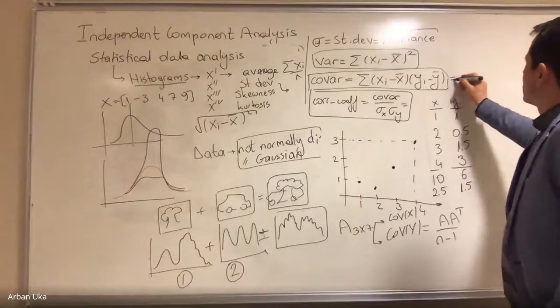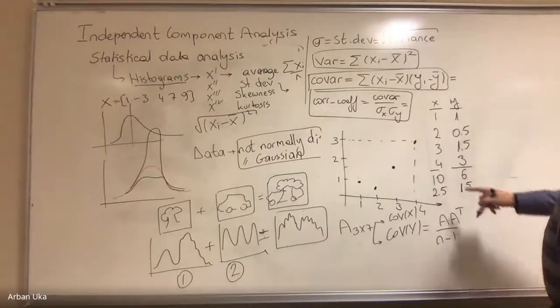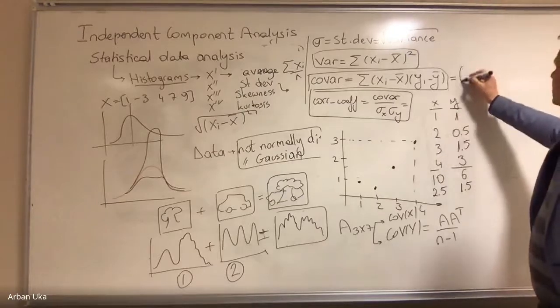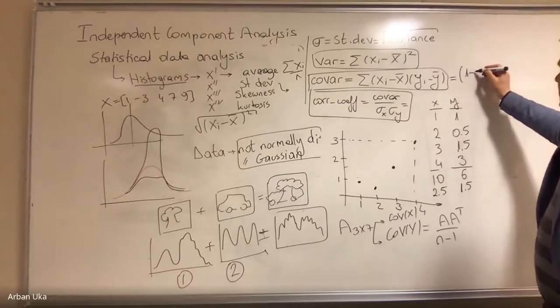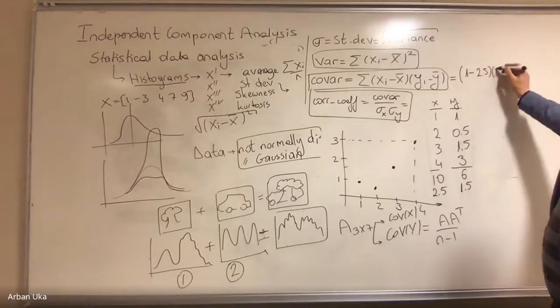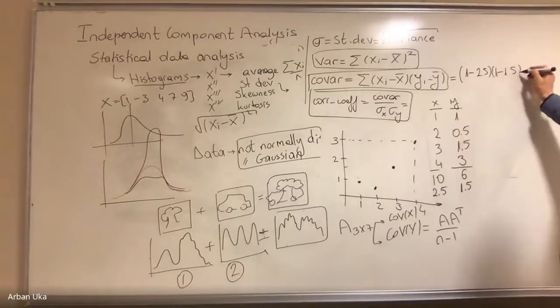And then the covariance here is equal to x1 minus x average, which is here 1 minus 2.5, times 1, because this is y1, minus 1.5, okay?